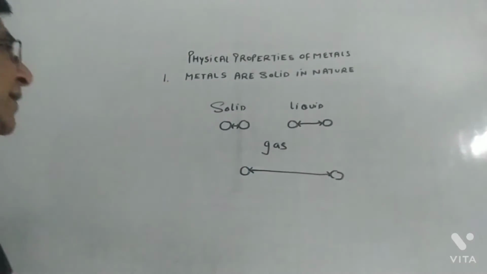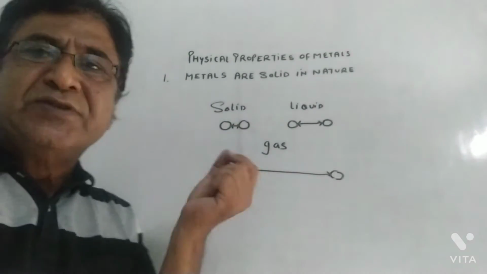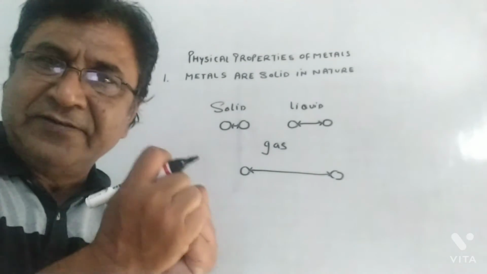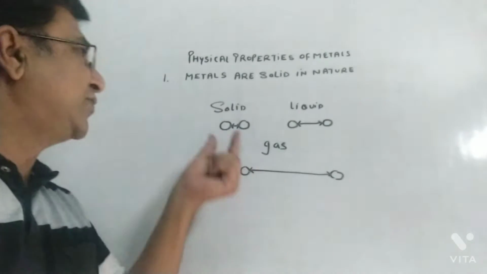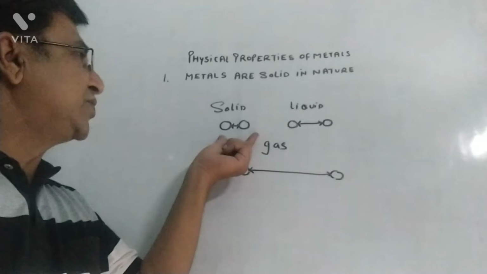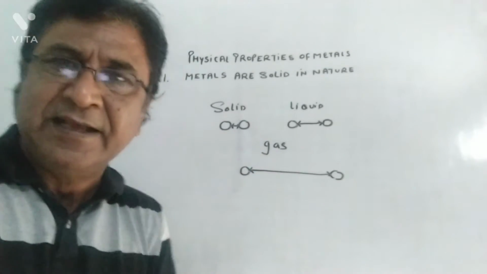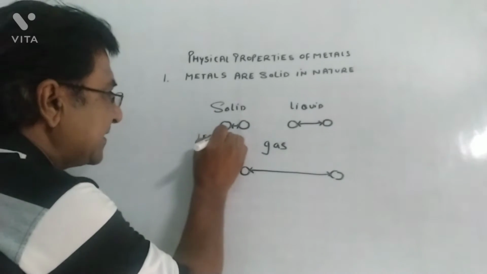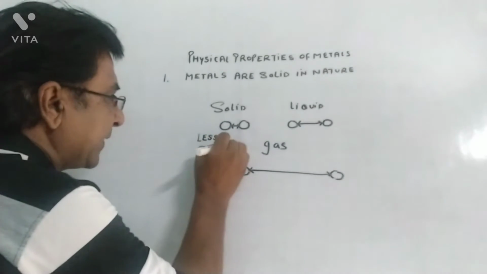Now, why are the atoms of these solids close to each other? It is because of their attractive forces. The atomic attractive forces between the solid atoms are much higher. So, because of that, they are bound to each other, and having lesser kinetic energy.